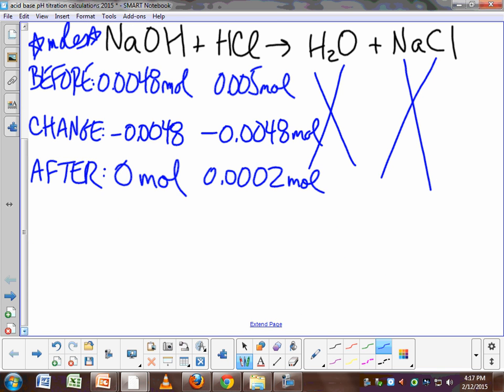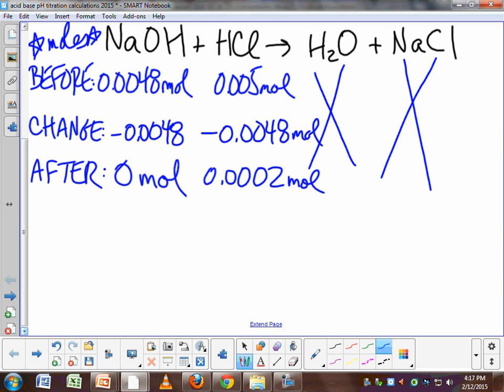So the question of what's in the flask at this point in the titration? Well, once the sodium hydroxide reacts, it's all gone. I don't have any of it. It has reacted with most of my acid, but there's still 0.0002 moles of the acid that remains.